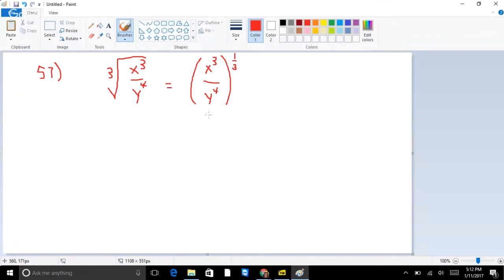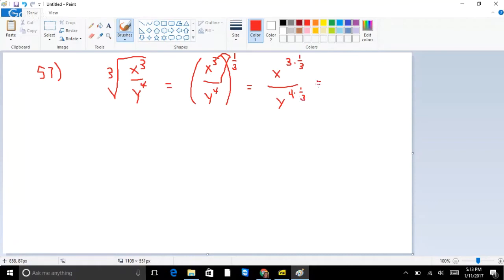We can write them in fractional form. Now we want to use that property. It's not called the distributive property, but the one where you can parse out your exponents to each component. So we're going to have x to the 3rd power times 1/3. Well, that's an easy one, right? And we have y to the 4th power times 1/3.